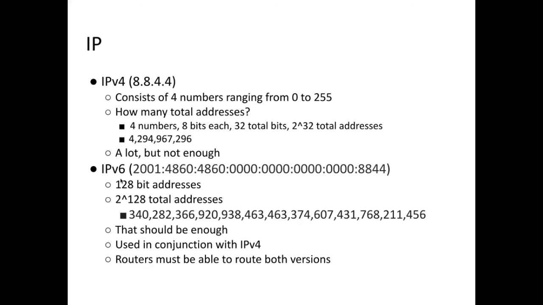IPv6, same idea, except 128 bits for each IP address. And this lets us represent a lot of different devices. So it's a lot, and I'm pretty confident that's going to be enough. I mean, they were a little naive when they said this would be enough.